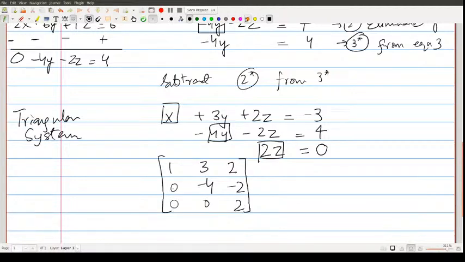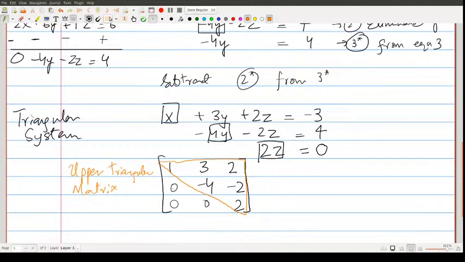Schematically, this forms a triangle, right? Matrices such as this we call upper triangular matrices. I'm making this triangle, so upper triangular matrix, right? And the good thing about upper triangular matrices is that in the form of systems, they're incredibly easy to solve.